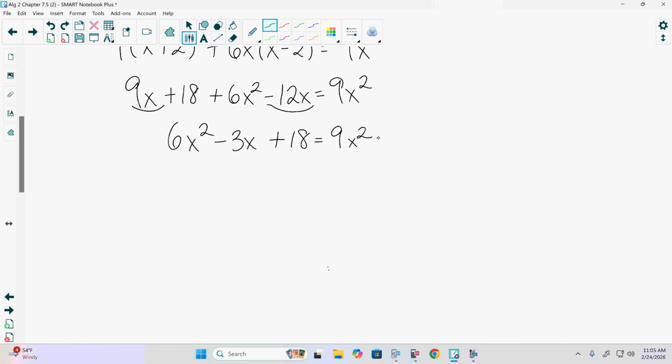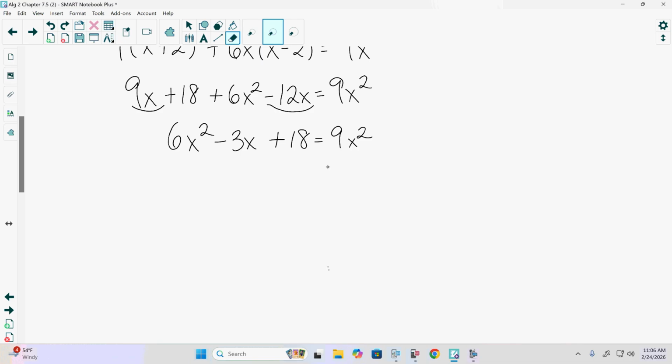Whenever you combine like terms, how do you know which order to do them? Or when I rewrite them? I try to write it in standard form. Standard form says the variable with the biggest exponent goes first, and then descending order. So we would find all the x squared terms, put them together first.